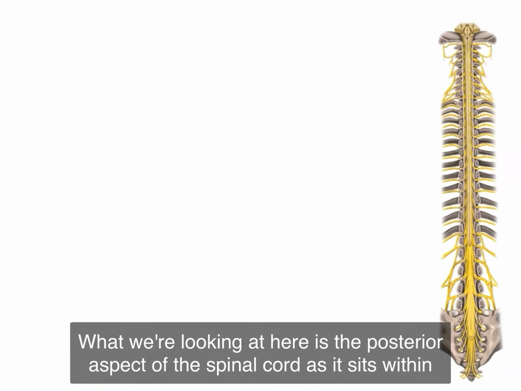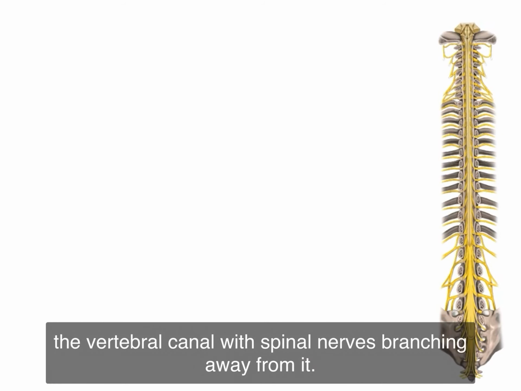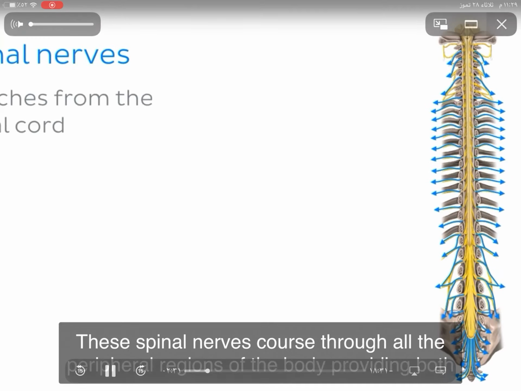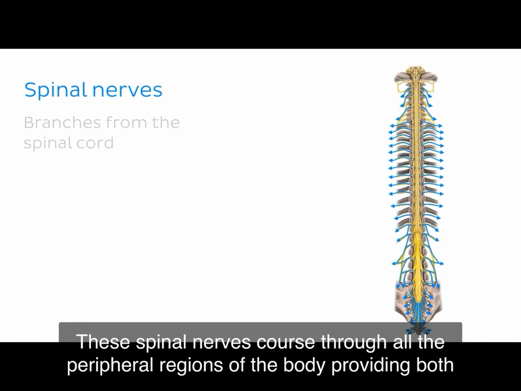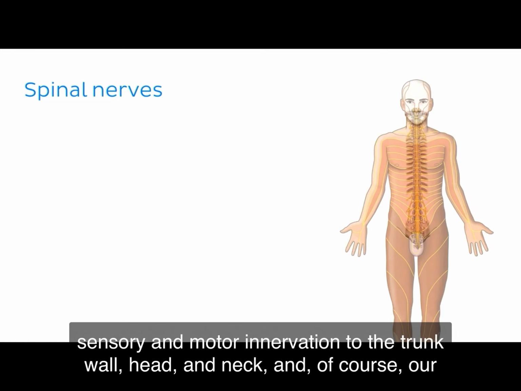What we're looking at here is the posterior aspect of the spinal cord as it sits within the vertebral canal, with spinal nerves branching away from it. These spinal nerves course to all the peripheral regions of the body, providing both sensory and motor innervation to the trunk wall, head and neck, and of course our limbs.